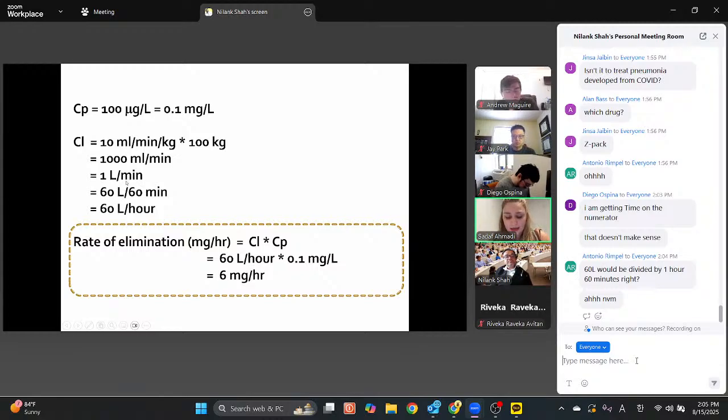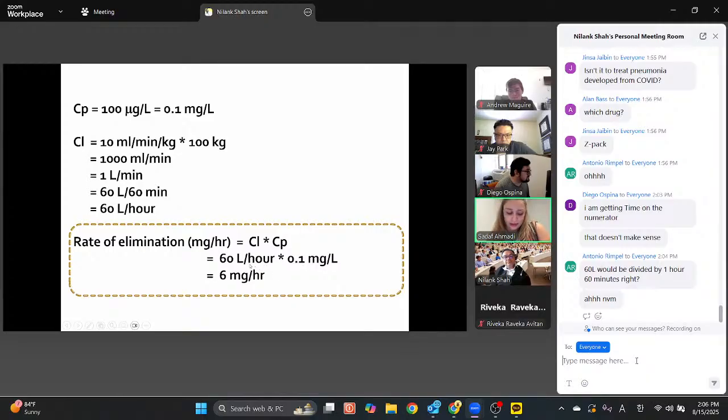And then I did the same thing for CP. For CP, I got 0.1 milligram per liter. The way that I did that was I multiplied 100 microgram by 1 milligram divided by 1000 microgram, which gave me 0.1 milligram per liter. And then based on the formula, I multiplied CL by CP, which gave me 0.1 milligram per 1 minute.